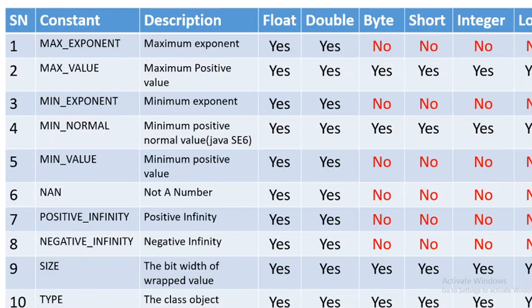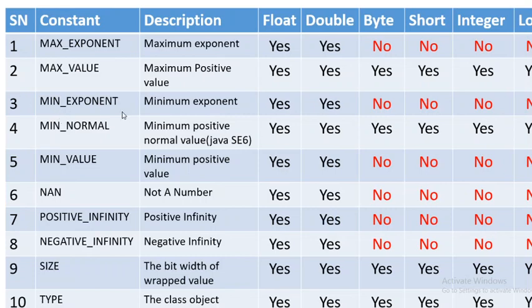MAX_VALUE is used for the maximum positive value possible with the related wrapper class, and this constant is available in all the classes: Float, Double, Byte, Short, Integer and Long.